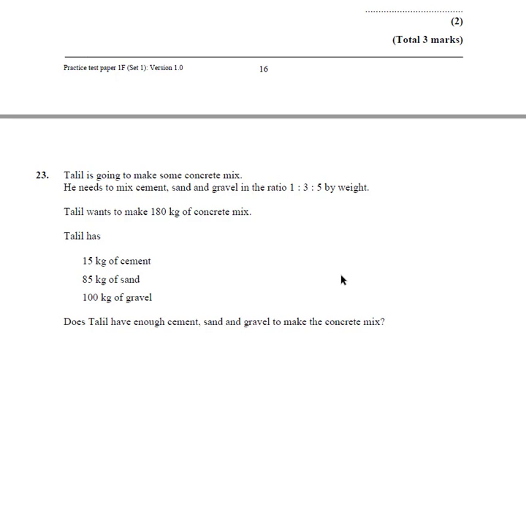And that will give you the mass of cement, sand and gravel that you need to make 180 kilograms. And then you just compare what you need with what you've got. If what you need is less than what you've got, then you say, yes, I can make it. But if one of them, and it only needs to be one, is more than what he has, then you can't make it. And you say so, and you say why.